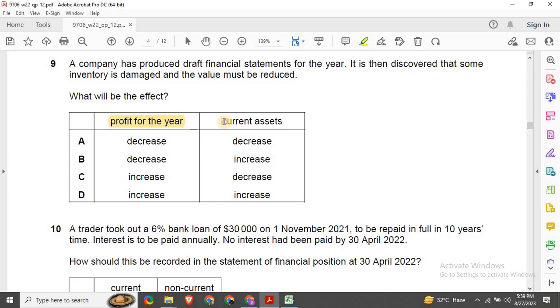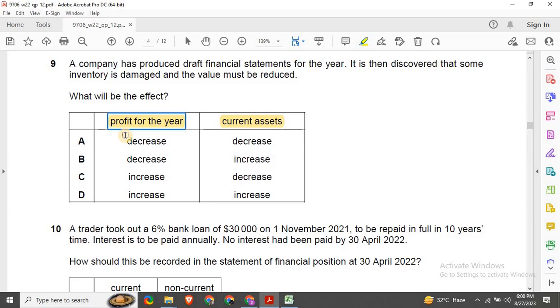Now profit for the year will decrease because closing inventory is decreasing. Closing inventory and profit for the year share a direct relationship, because if you remember, in finding out the cost of sales, we have opening inventory plus purchases minus closing inventory.